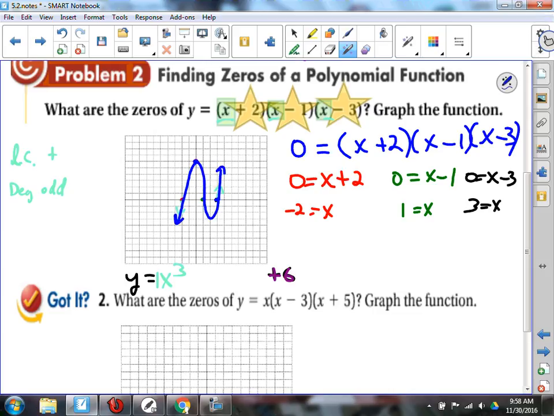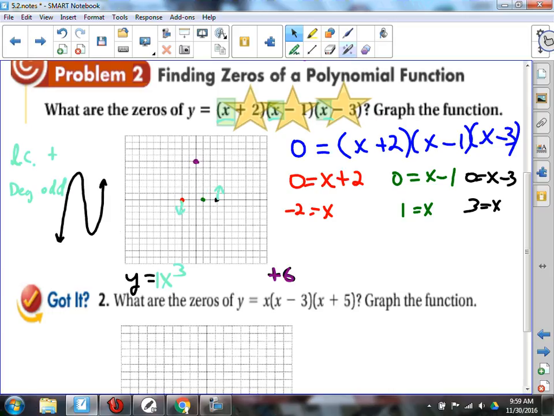I'm going to trace that before it disappears. There we go. I don't know how high or low the function goes, and I frankly couldn't care less. Okay? I do expect you all to be able to at least have the end behavior and the x and y intercepts. So hopefully that all makes sense.